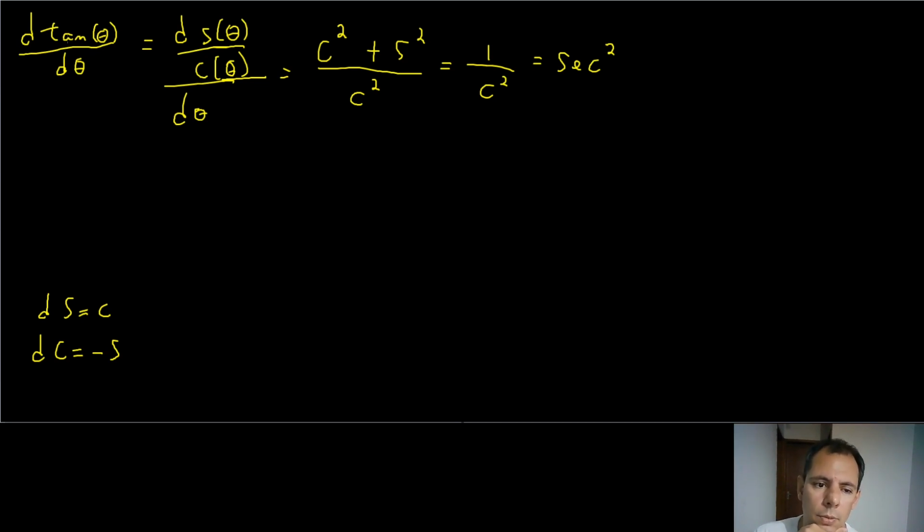So the derivative of the tangent is the secant squared. Of course, everything here is of theta. I'm just doing this to speed it up.